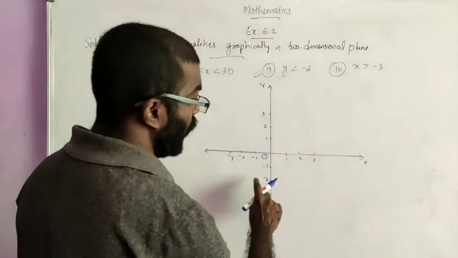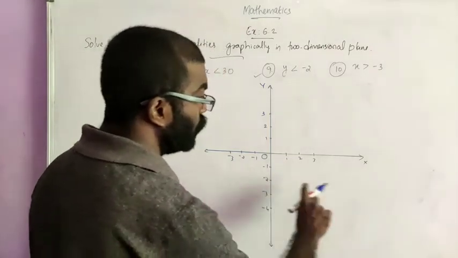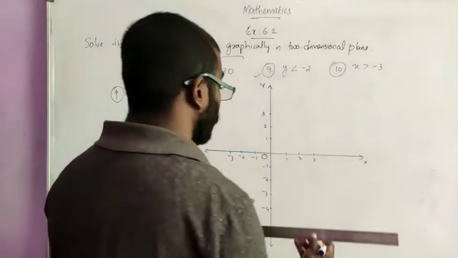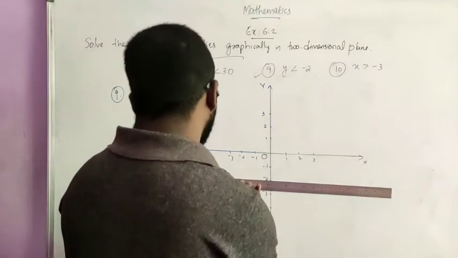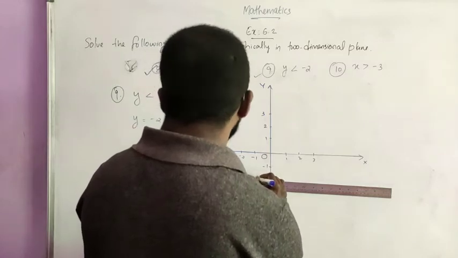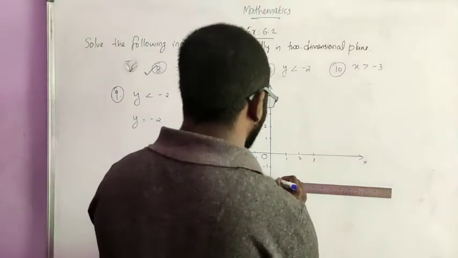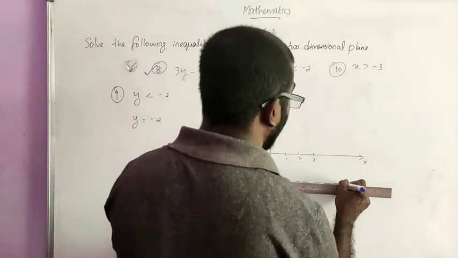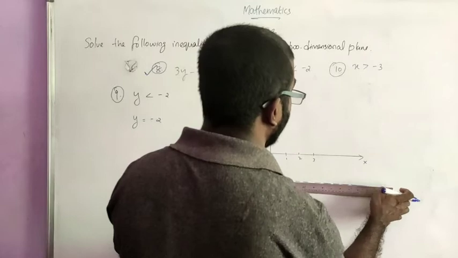And we have to draw a line through minus 2 which is parallel to x-axis. Okay. Here we have to draw the line using dotted line or broken line since the inequality sign is less than. Okay. So we have to draw the line using broken line or dotted line.